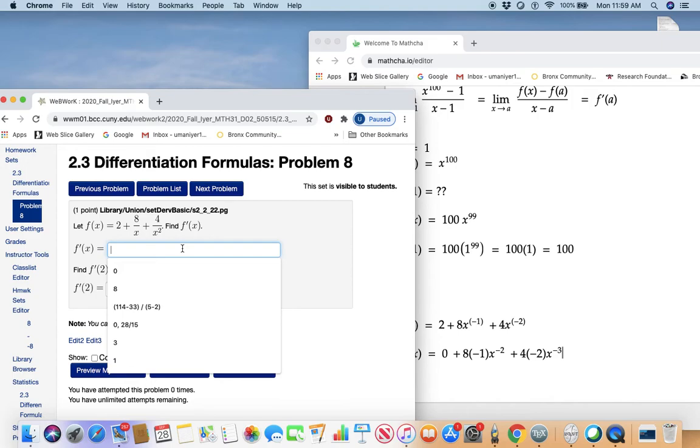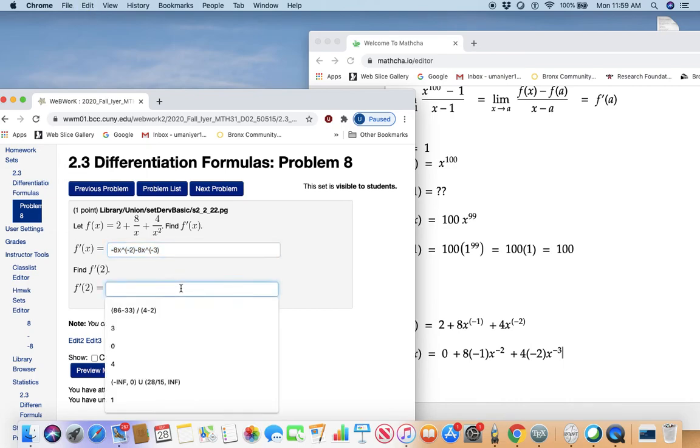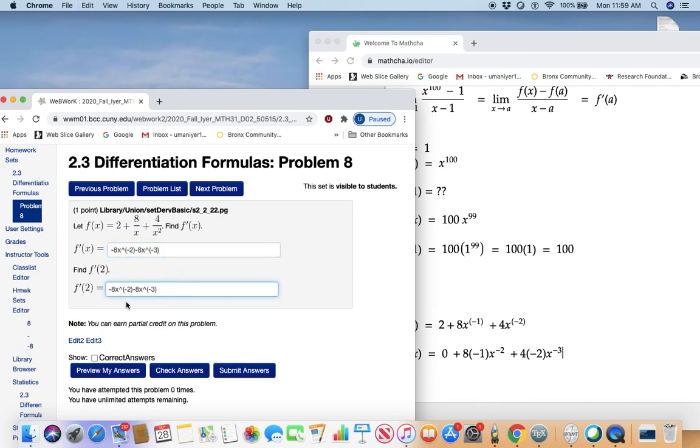So let's write that down. 0, I don't need to write. 8 times -1 is -8, x to the power -2. Then plus 4 times -2, -8, x to the power, don't forget parentheses, -3. That is the derivative of f(x) in terms of x. If I want the derivative at 2, I replace the x by 2.